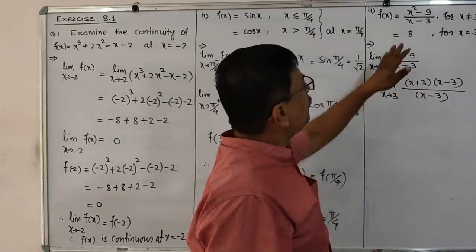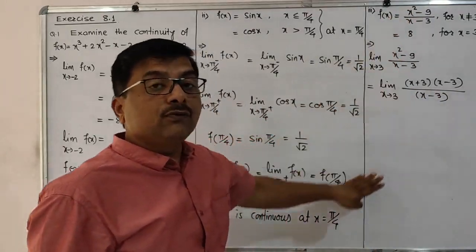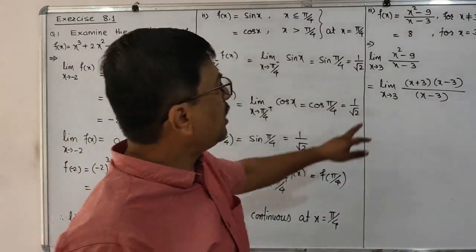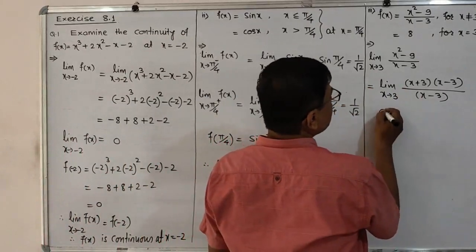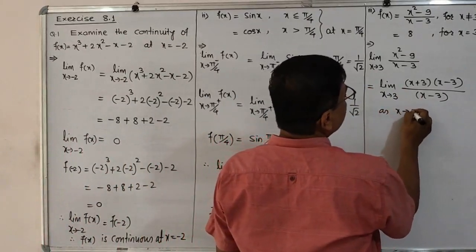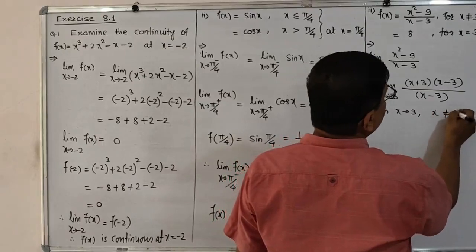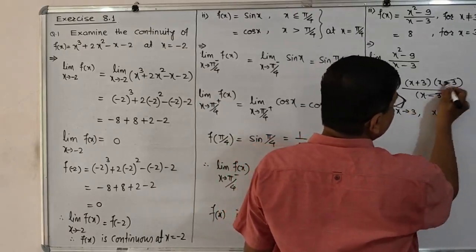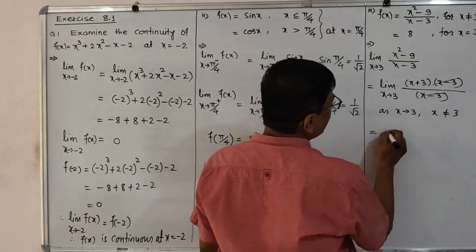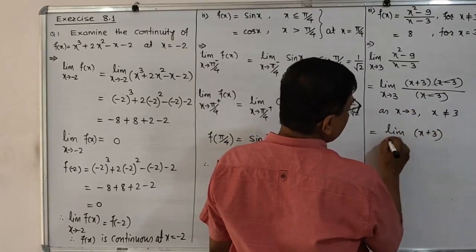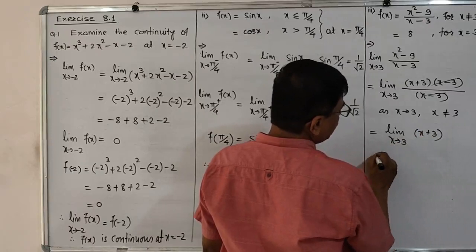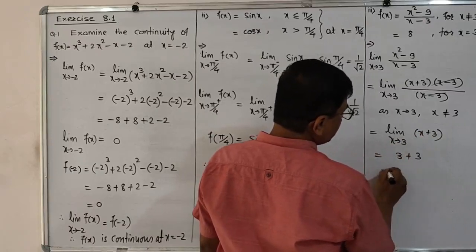In this function, there is no need to find LHL and RHL. We are going to find directly the limit of the function at x is equal to 3. As we know that x tends to 3 means x is not equal to 3, means this x minus 3 and x minus 3 we can cancel it. Limit of x plus 3 as x tends to 3, substitute this value, it is 3 plus 3 means it is 6.